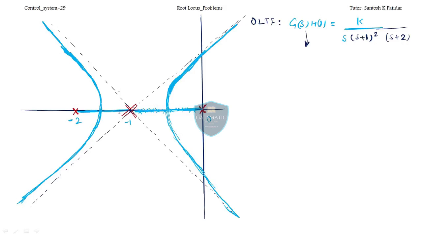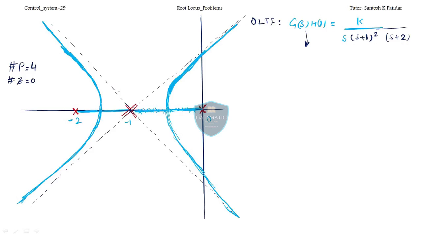First of all, we'll check how many poles we have on the real axis. There are 4 poles. Number of zeros, if any? No, I don't have any zeros.